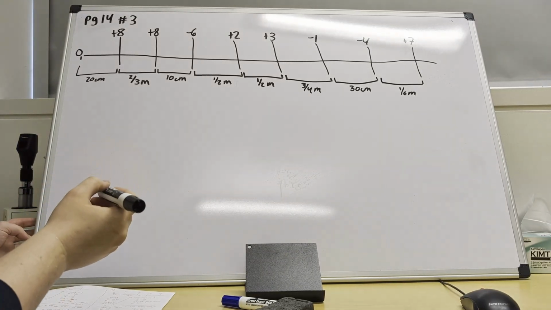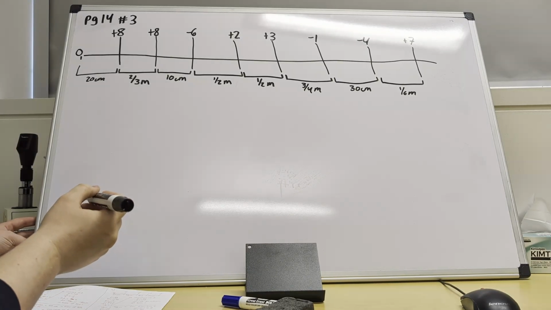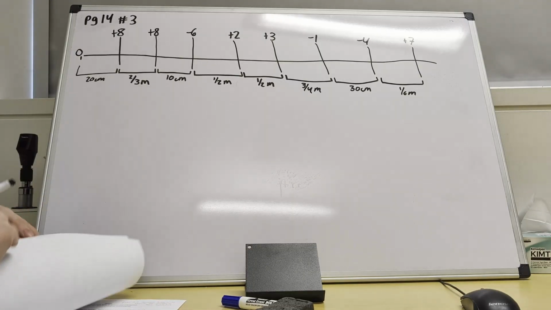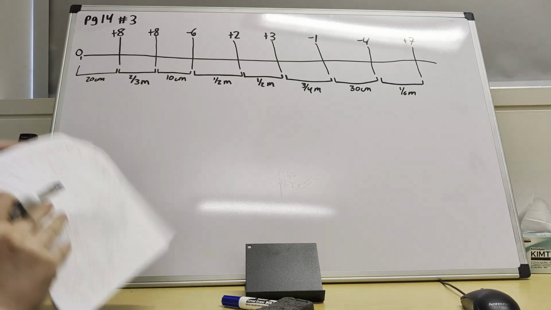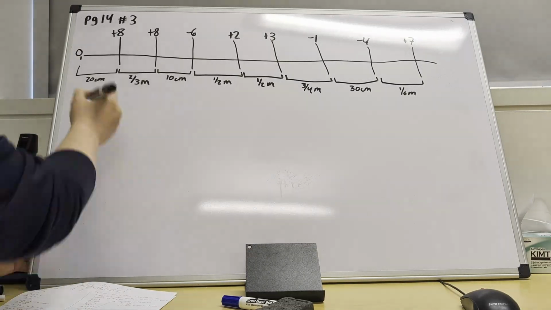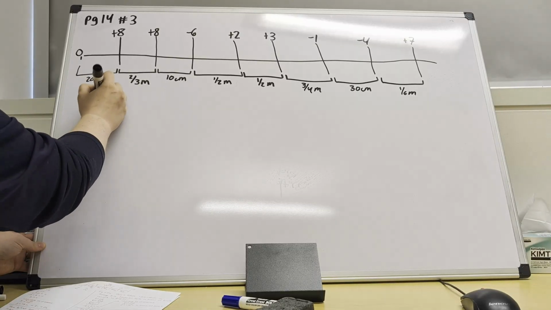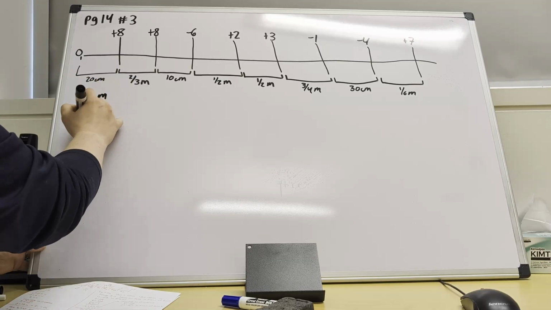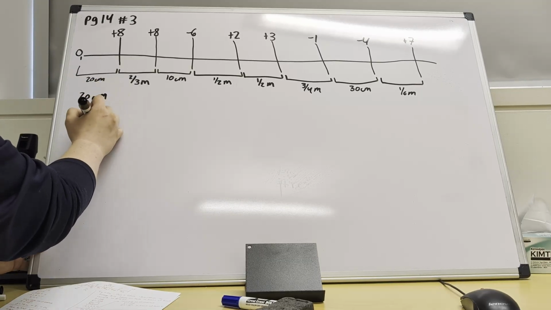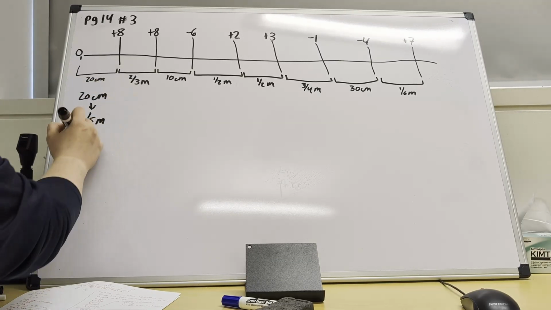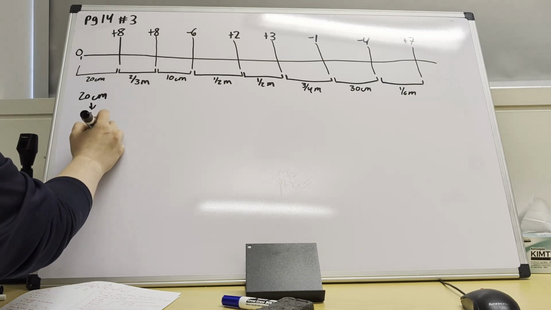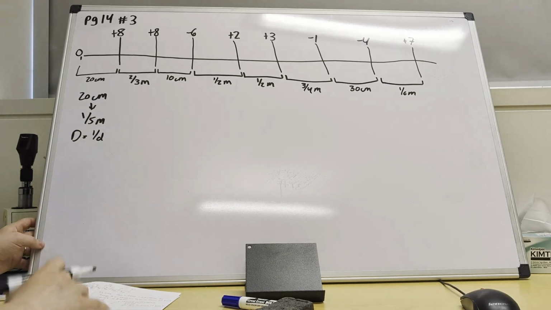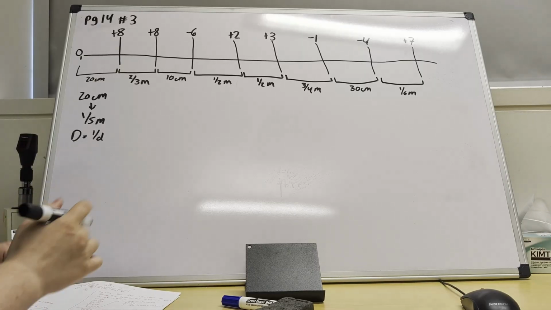So first thing that we're going to do is get on the right page of my notes here. We're going to convert the 20 centimeters into meters. So that would be 1/5 of a meter. We're going to use diopters equals 1/distance, D equals 1/d.